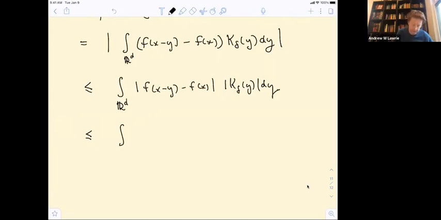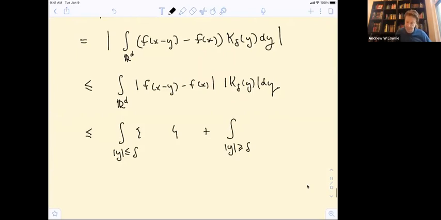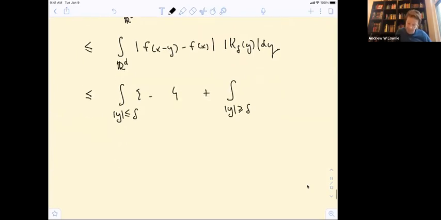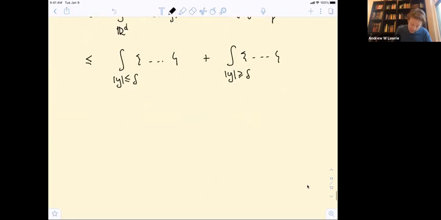So this is less than or equal to the integral over the norm of y less than or equal to delta of the above, plus the integral over the norm of y bigger than or equal to delta. And we're going to analyze each of these regions differently. But to do this, we need the following lemma.